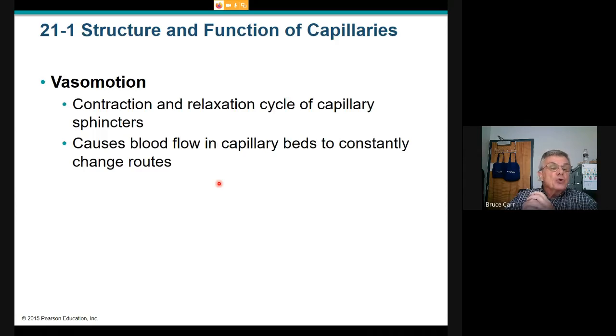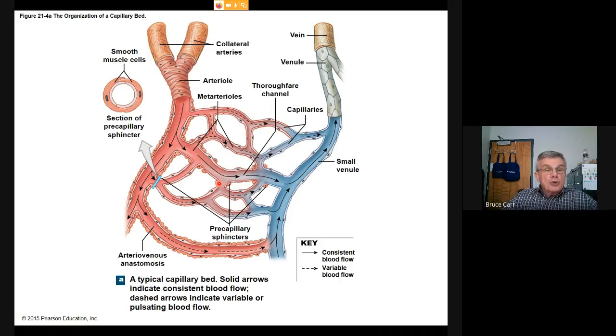So we call it vasoconstriction if we are contracting the smooth muscle cells, and especially when we contract the arterial sphincters and regulate the flow to particular capillary beds. And we call it vasodilation when we relax them and allow them to expand with blood pressure, restoring or increasing the circulation to that capillary bed. Okay, that's enough terminology.